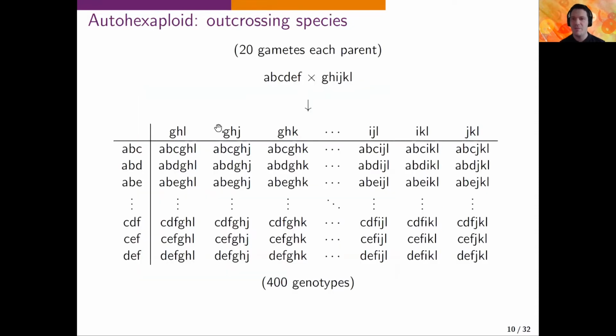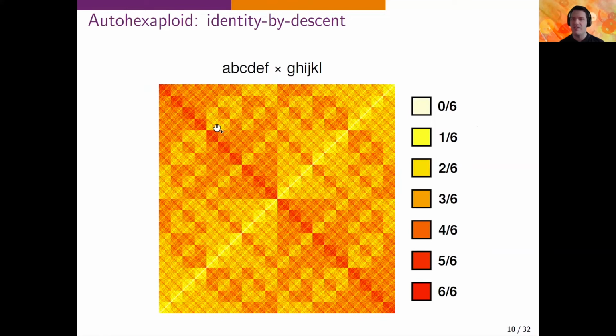In the hexaploid species, which was the species we started working with, there are 20 different gametes per parent and 400 possible genotypes, right? So a genotype pair can share from 0 up to 6 alleles identical by descent. It's easy to see how higher ploidy levels complicate things, right?